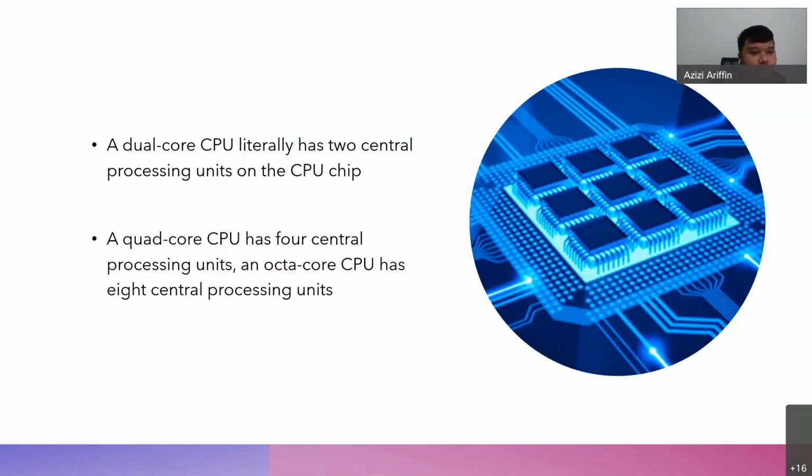But if we enable hyperthreading, for a dual core CPU, 2 times 2, what do we see? We see 4 logical CPUs. A quad core has 4 CPUs, so how many logical CPUs can we see? 4 times 2, 8, right? And an octa-core CPU has 8 physical CPUs, so if we double up with hyperthreading, how many logical CPUs can we see? Yes, 16, right? So that is the concept.